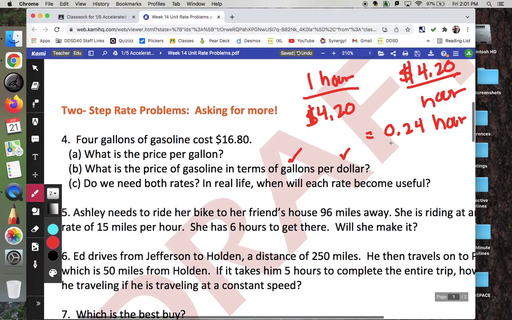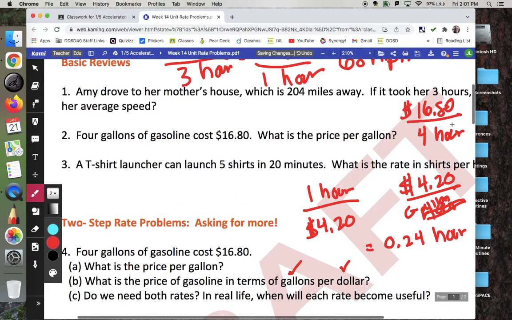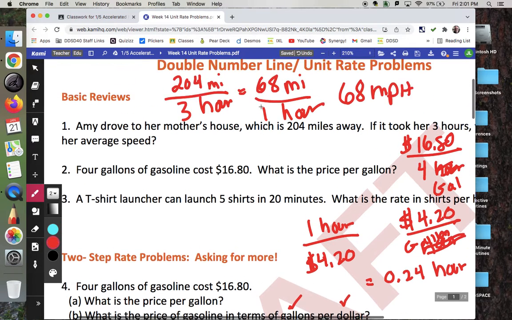And for every, I'm sorry, not hour, it should have been gallons. That should have been $4.20 per gallon. So let's fix that. And let's go back up here, and same thing. This should have been gallons. So if you were thinking, why didn't he say hour, let's see how far.